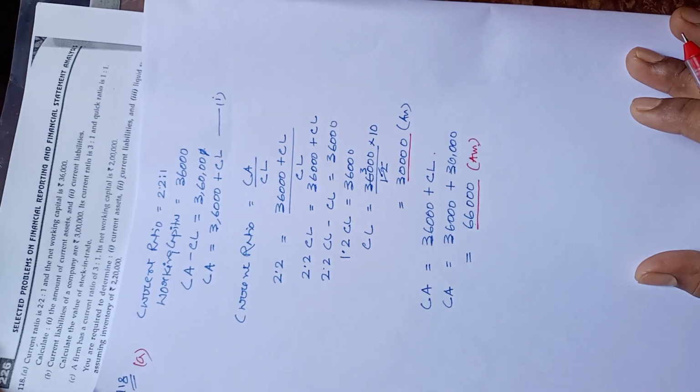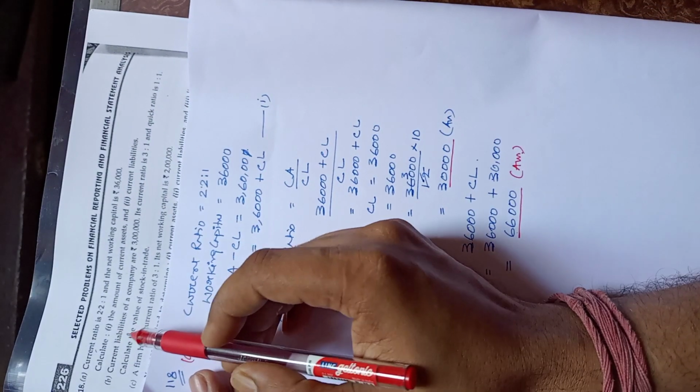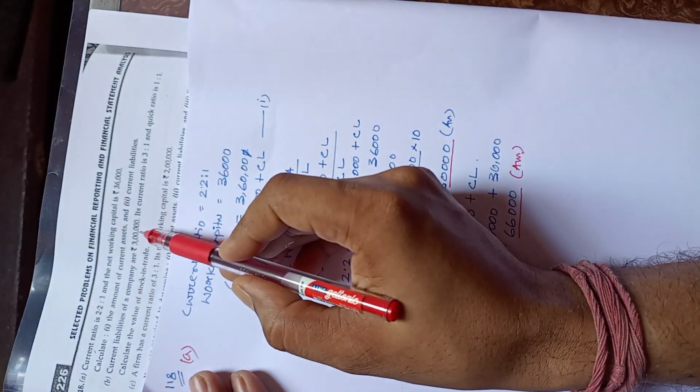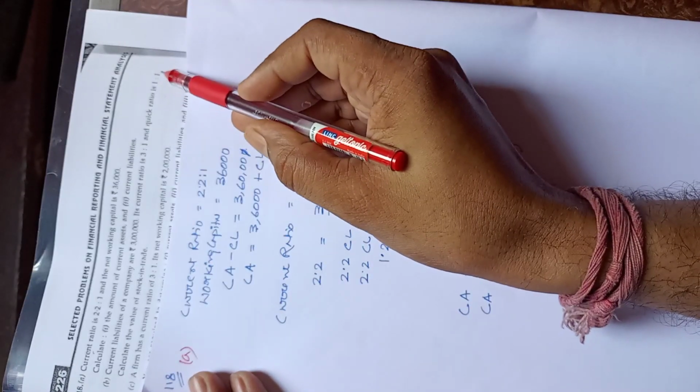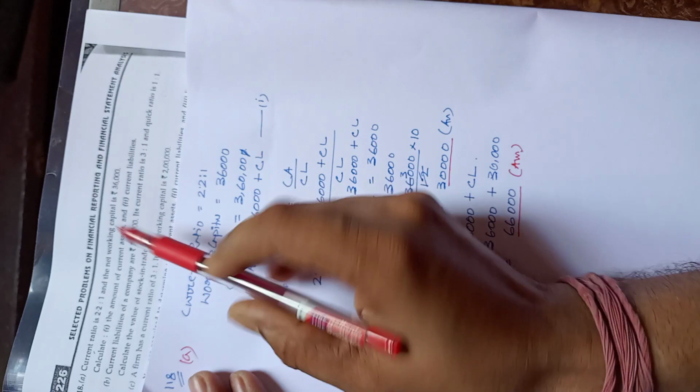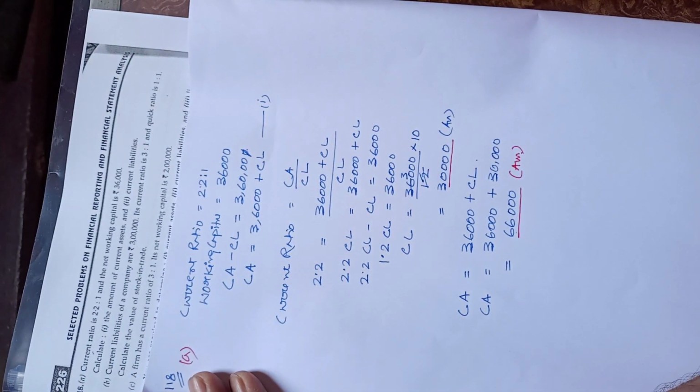Now part B. See it carefully. Current liabilities of a company is 3 lakhs. Its current ratio is 3:1 and the quick ratio is 1:1. Calculate the value of stock. Now you can find only the stock or inventories.